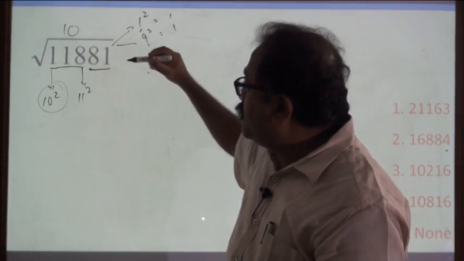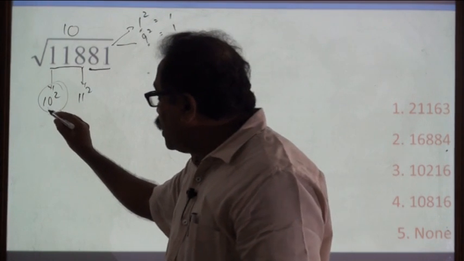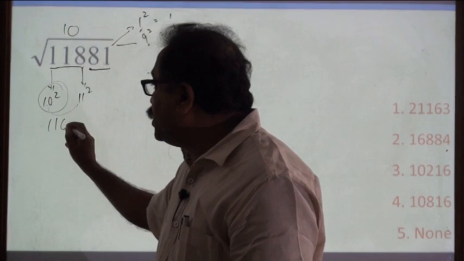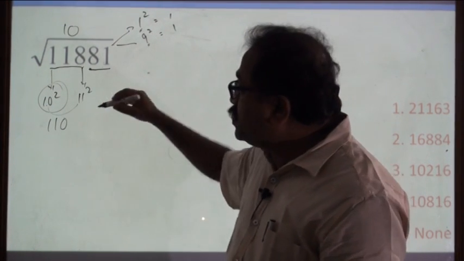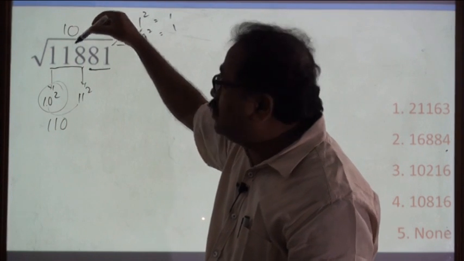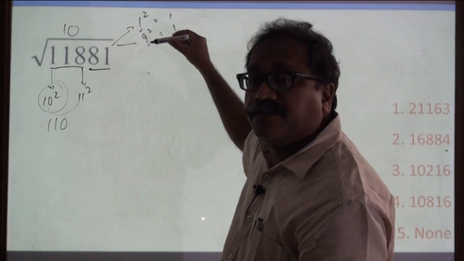Next, for this 81, I have to multiply these two, 10 and 11. The product is 110. With this product, I will check: if 118 is more than this product, then I will take the larger number.